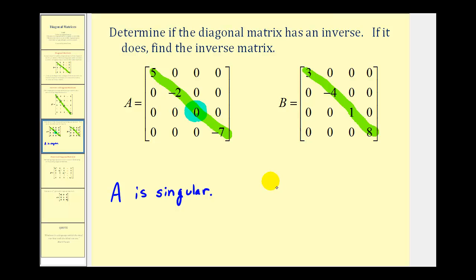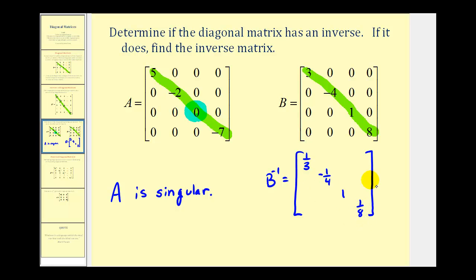So the inverse of matrix B will have a main diagonal where the element in row 1, column 1 will be the reciprocal of 3, which is 1/3. The element in row 2, column 2 will be the reciprocal of -4, which would be -1/4. The reciprocal of 1 is still 1, and the reciprocal of 8 would be 1/8.